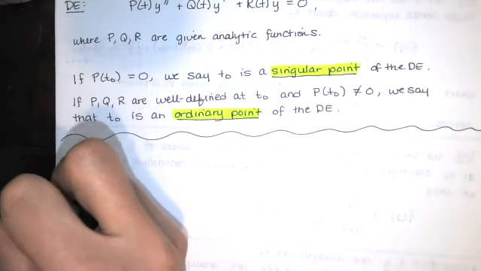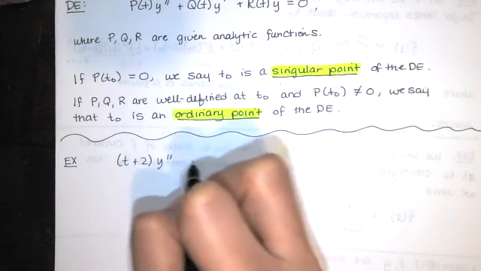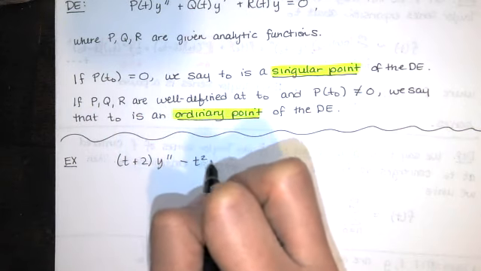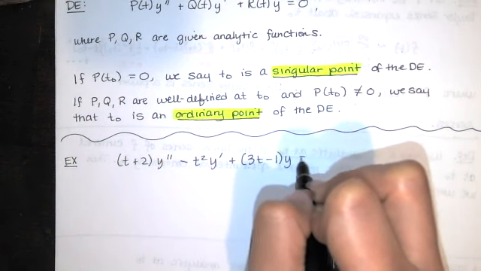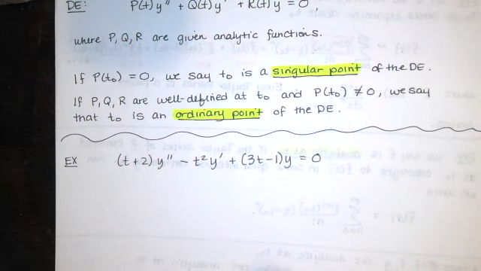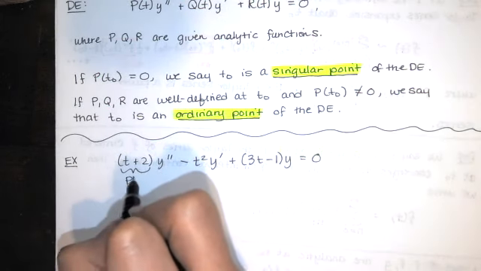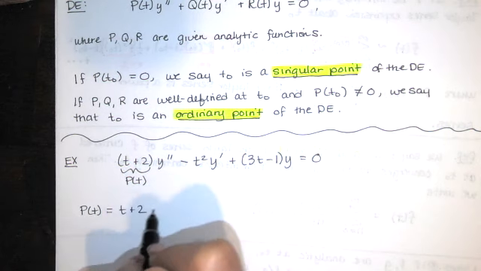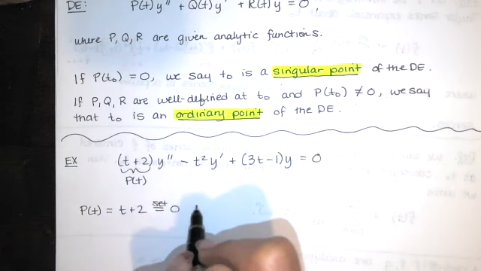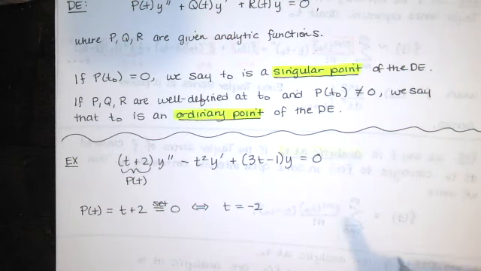So let's say this is our differential equation. Let's say you've got t plus 2 times y double prime minus t squared times y prime plus 3t minus 1 times y equals 0. If I want to find the singular points of this differential equation, I take my leading coefficient function, I call that P of t, and I set that equal to 0 and solve for t.